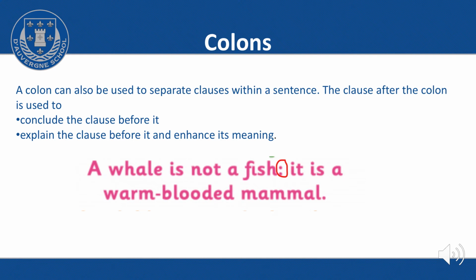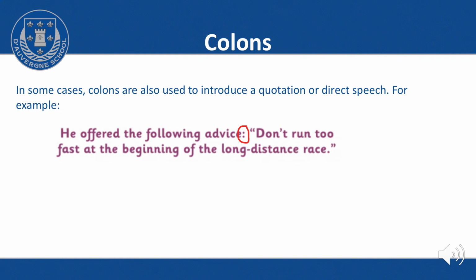So after the colon, it's explaining about the part before the colon. In some cases, colons are also used to introduce a quotation or direct speech. For example, he offered the following advice: don't run too fast at the beginning of the long-distance race. So before the person speaks, we have the colon to introduce it here.